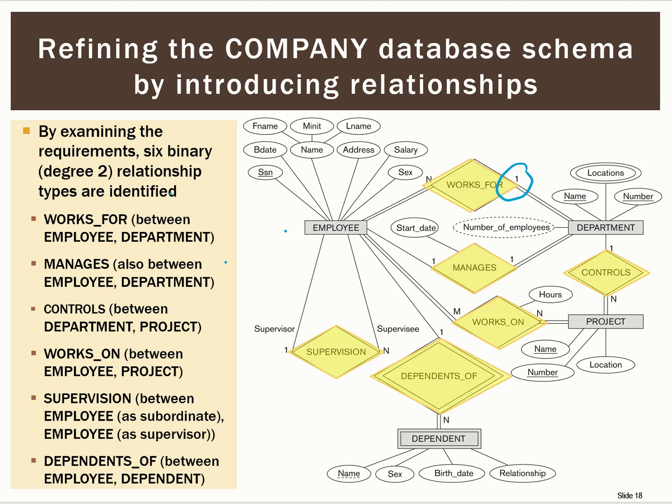So we would read this sentence as an employee works for one department. Similarly, there's an N on this side of the relationship. We would use that cardinality when reading the relationship backwards. And we would say a department has working for it one or many employees.